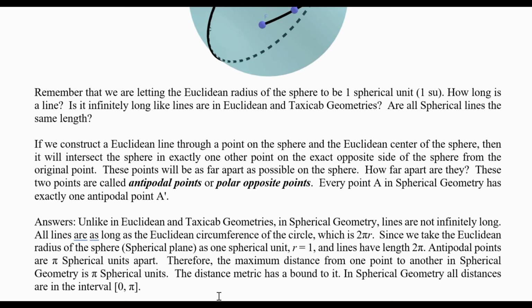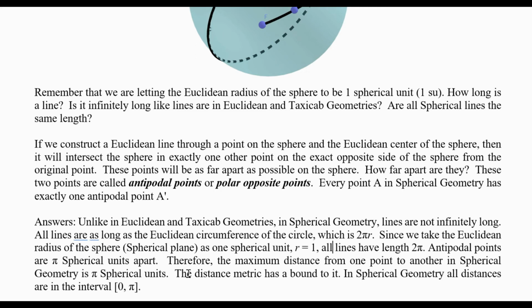Since we take the Euclidean radius of the sphere, spherical plane, as one spherical unit, r equals 1, all lines have length 2 pi. Antipodal points are pi spherical units apart. So the maximum distance from one point to another in spherical geometry is pi spherical units.